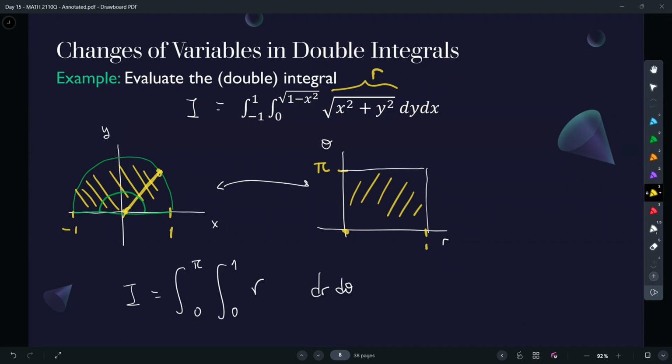And I have to multiply by an extra r to correct that I'm integrating in a different region. The difference in area is measured by that r. Okay, the difference on how I'm integrating. So I don't want to actually integrate it, but I want to tell you what is happening in that integral. So this is going to be the integral from 0 to pi, from 0 to 1, of r squared dr d theta.